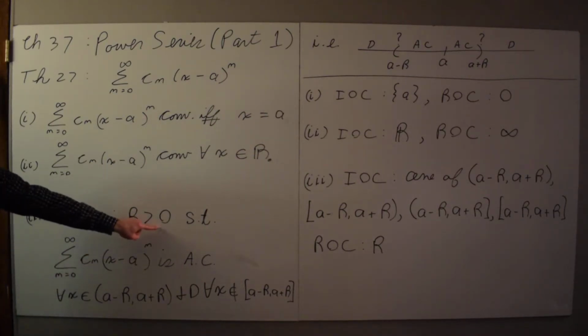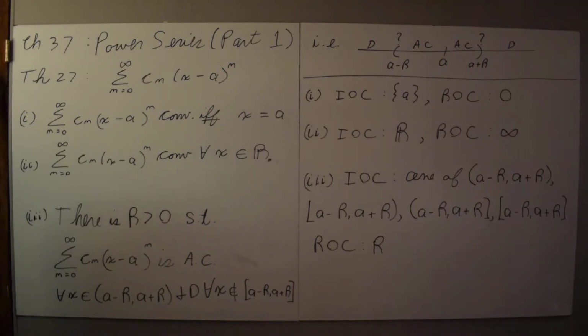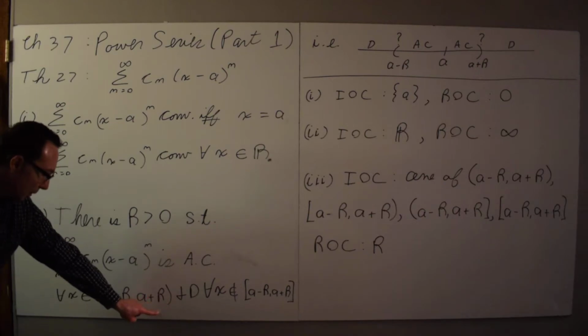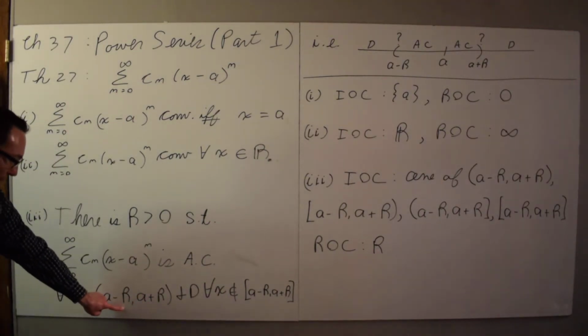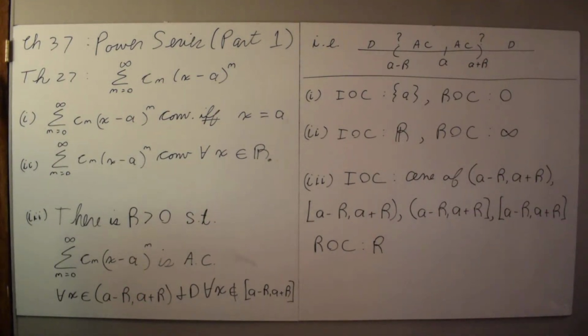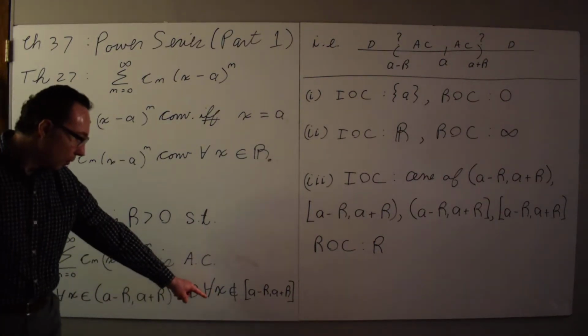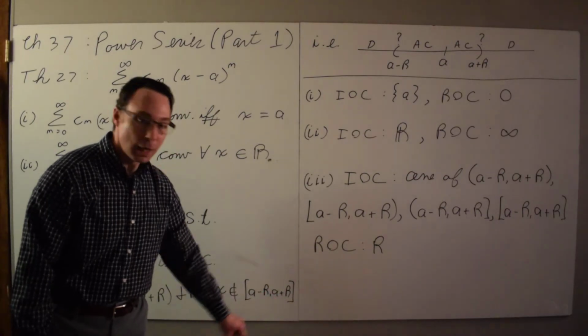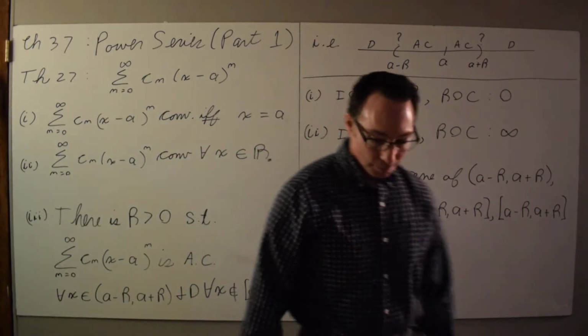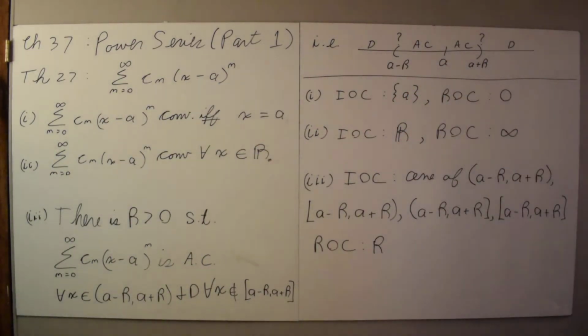There's a positive number r where your series is absolutely convergent whenever x is in the open interval a minus r to a plus r. And then it will diverge outside the closed interval a minus r to a plus r. Now, what this doesn't tell us is what actually happens at the endpoints.